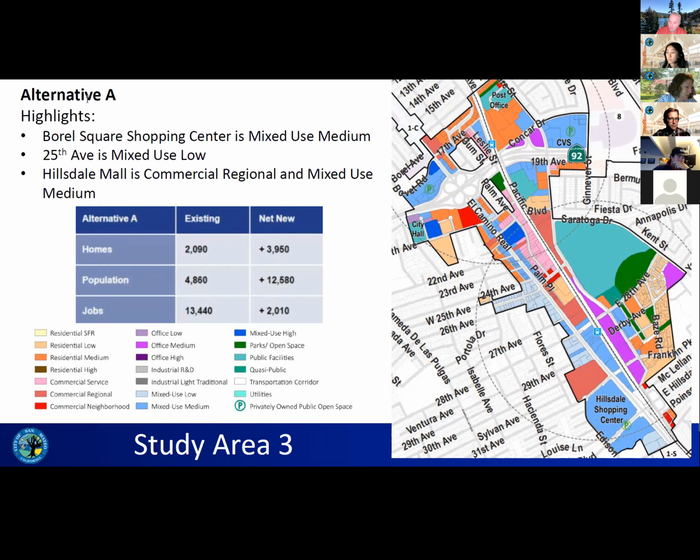I'll just add, especially since study area 3 is so big, it's hard for people to respond quickly. This is really where looking at the survey tool after this meeting at your own leisure, where you can zoom in and really look at things, could be helpful.